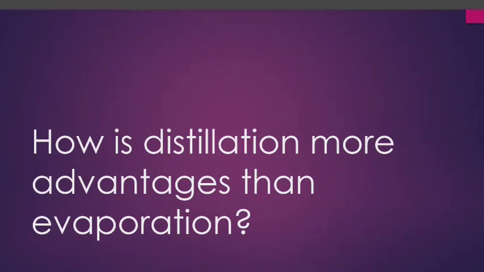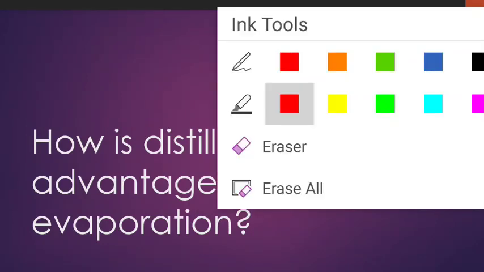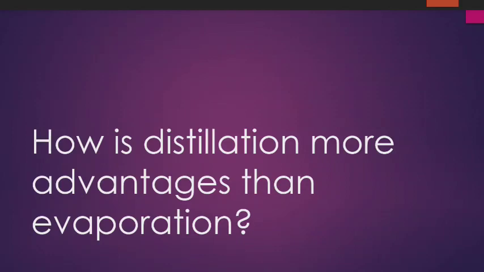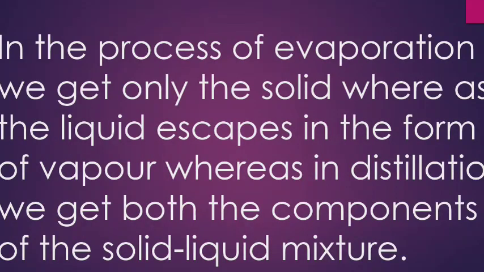Okay. Now the next question is, how is distillation more advantageous than evaporation? Clear? So the correct answer is, in the process of evaporation we get only the solid, whereas the liquid escapes in the form of vapor.